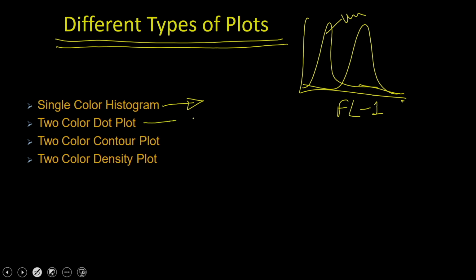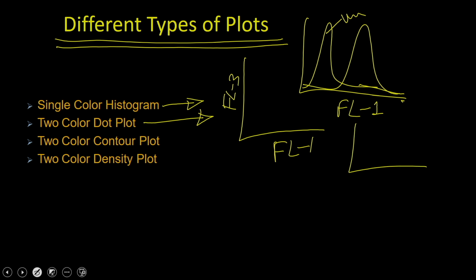You can have the two color dot plot. A dot plot means you can see the pattern of the signal. For example, on this axis you can have FL3, on this axis FL1, or sometimes in a dot plot you can have SSC versus FSC. It is going to show you the distribution of the different types of signal in this particular plane.